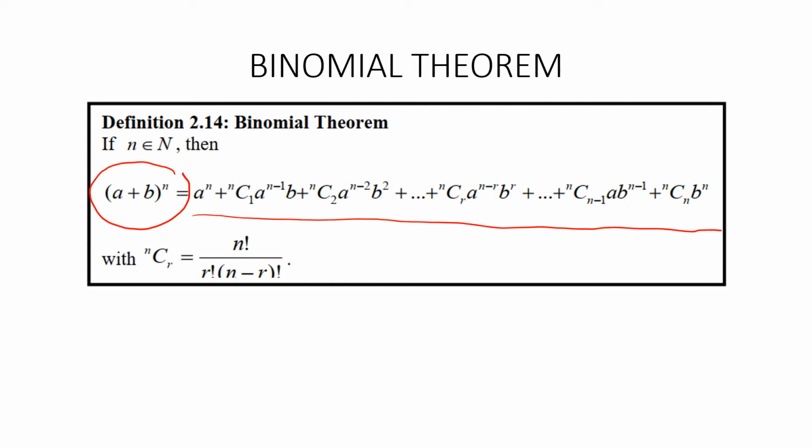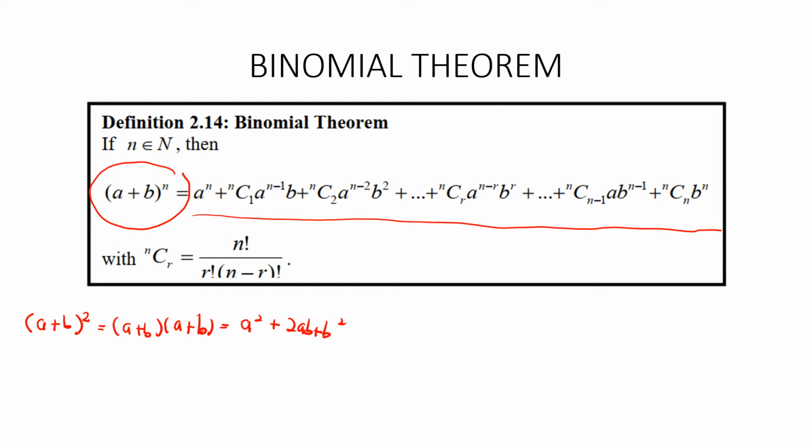Let's say the question asks you to find (a plus b) power of 2, a plus b squared. You can find this one easily, just (a plus b) times (a plus b). You get a squared plus 2ab plus b squared.